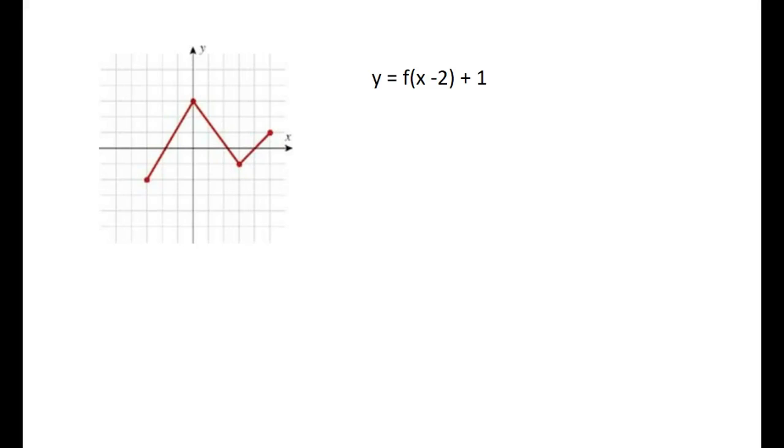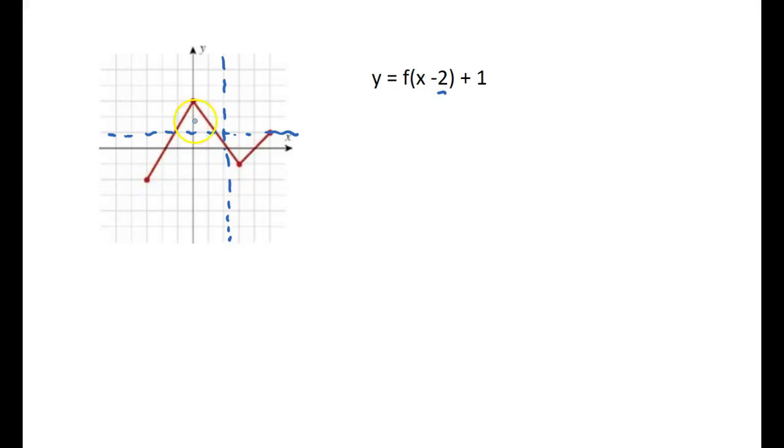And finally, how about if we subtract 2 from x and add 1 to the whole function? Well, remember that subtracting a number from x will move it to the right that many units, and adding a number to the whole function will move it up that many units. So we're going to go to the right 2 and up 1. So here's my new origin.